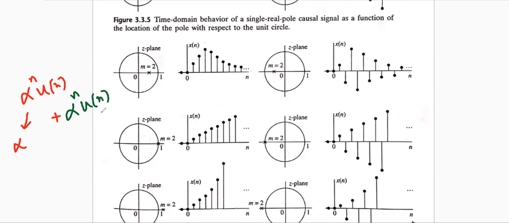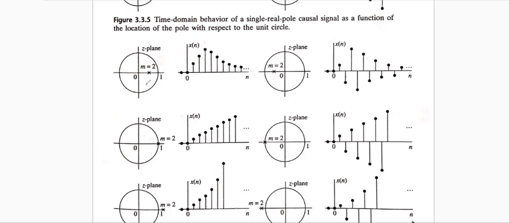So you are adding another signal, and you definitely have another pole at alpha. So you can introduce multiple poles in the same system. Of course, in your control systems or other signals and systems courses, you know how to introduce poles and zeros into a system.